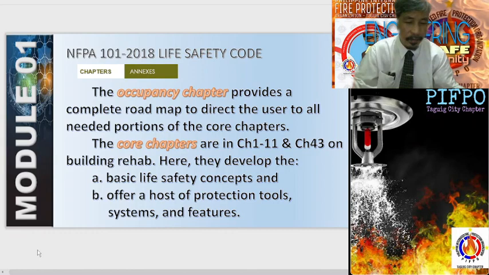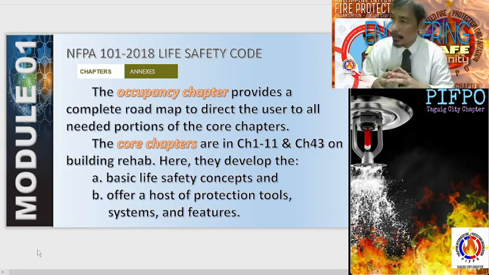So in NFPA 101, we have students who study the code chapter by chapter in sequence, in ascending order. Okay? Chapters 1, 2, 3, 4, 5. But professionals typically consult the occupancy chapters first.